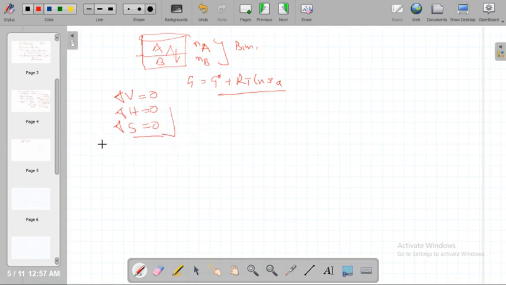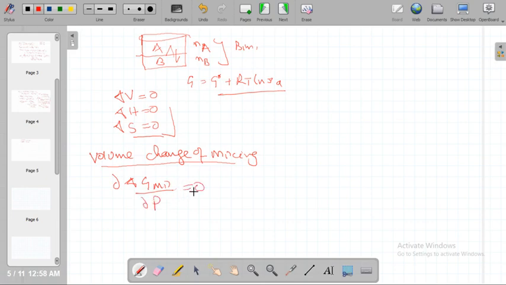So suppose you have a volume change of mixing in this solution. Volume change of mixing, since you know that for the thermodynamic quantity of Gibbs free energy change of mixing, the change in pressure equals 0.